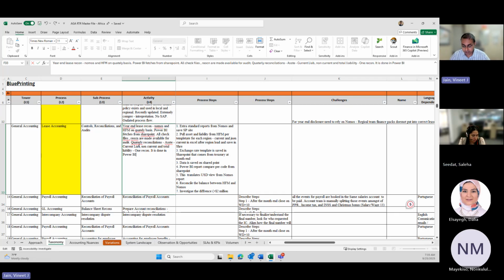Nonku usually prepares the reconciliation, prints the PDF signed off, and sends it to me along with the Excel. I review the Excel because that's how I can follow where the numbers are coming from, and then agree that to the PDF, and I sign off the PDF as reviewed by.